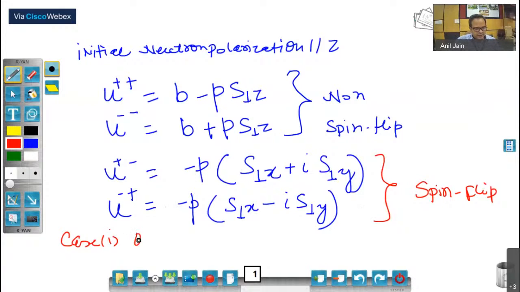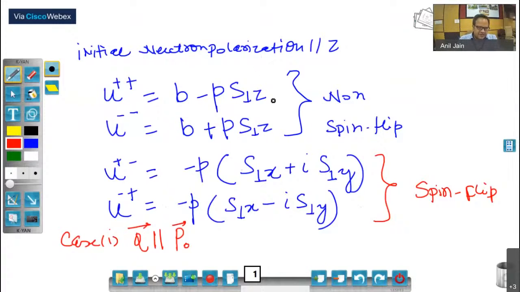Suppose Q is parallel to the neutron polarization, and suppose this is parallel to the z-axis.